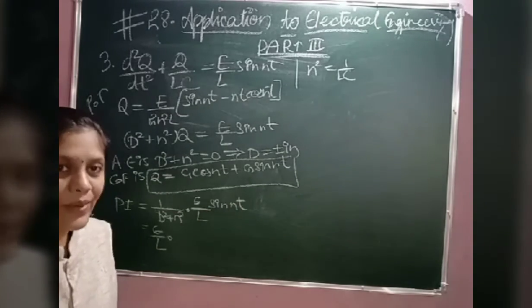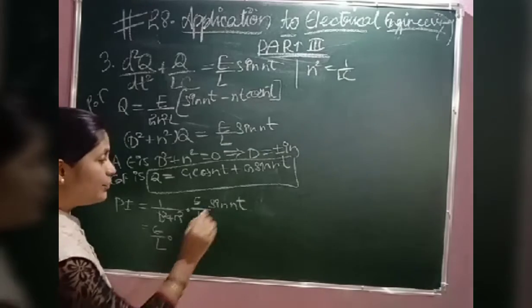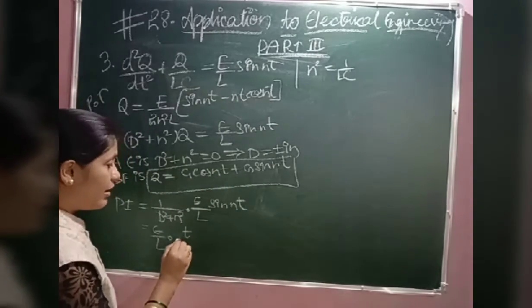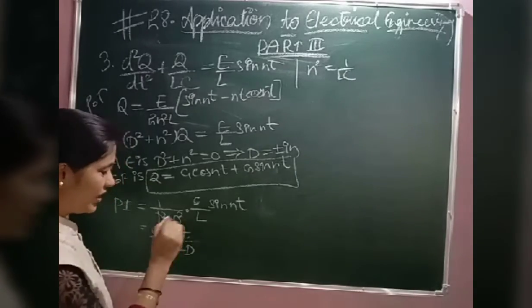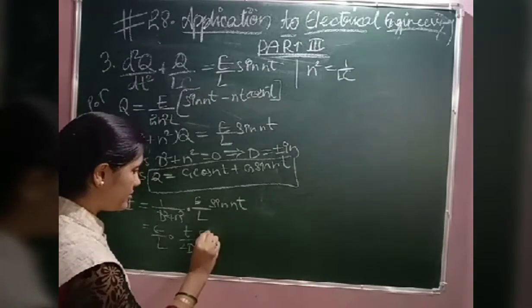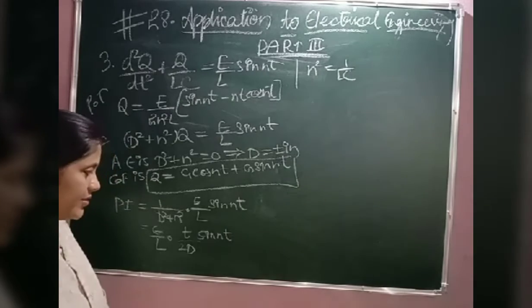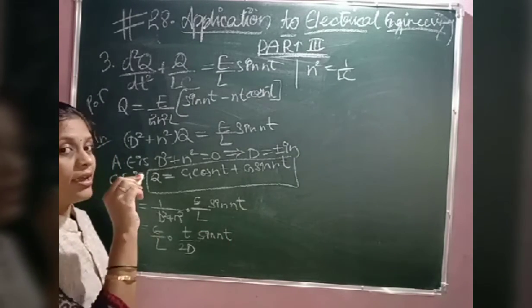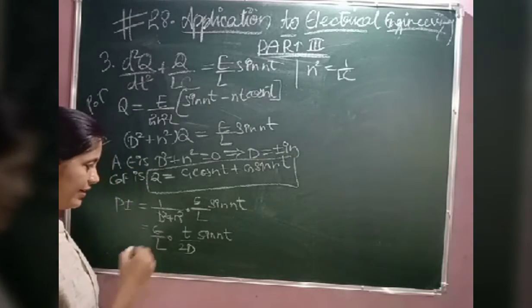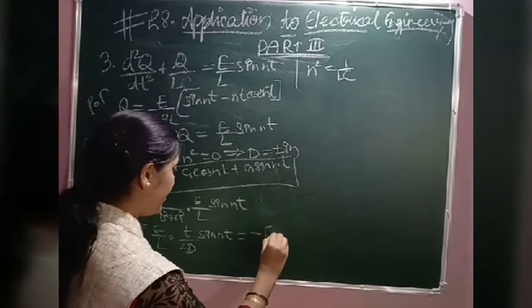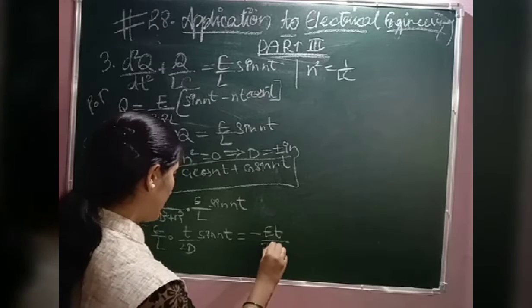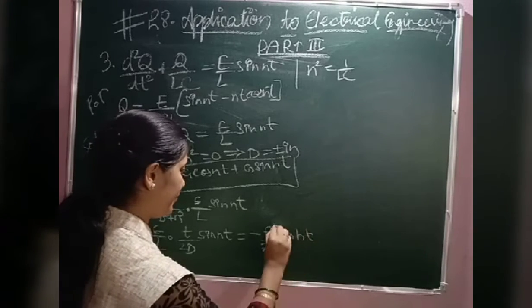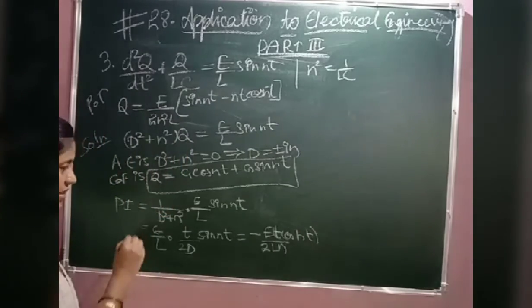So use special case, note 1: multiply by t and differentiate the denominator. Differentiation of D square plus N square is 2D, so we get t sin Nt upon 2D. What is the meaning of 1 upon D? Integration. Integration of sin Nt is minus cos Nt by N. So this can be written as minus Et by 2LN times cos Nt. So this is our PI.